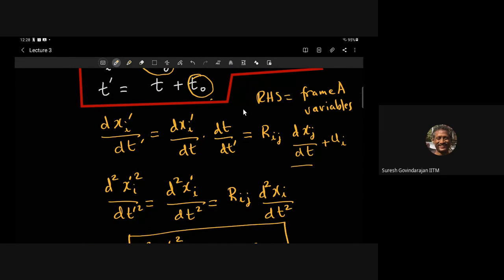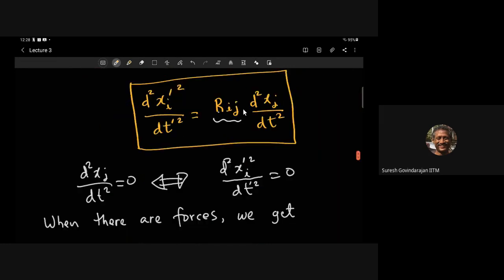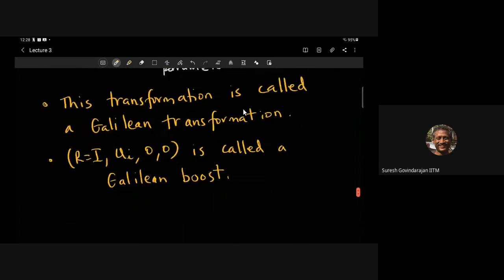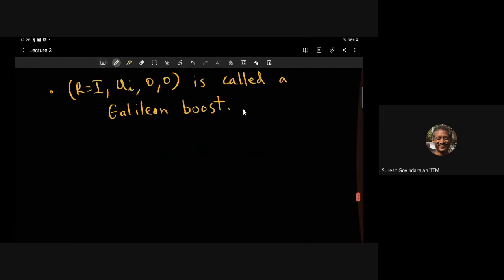So that means frame B is moving; the origin in frame B is moving with velocity minus ui with respect to frame A. That's called a Galilean boost, but intuitively it's just moving with uniform velocity, so it doesn't change anything. So these are called Galilean transformations.